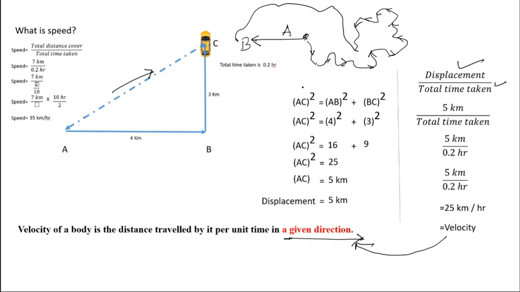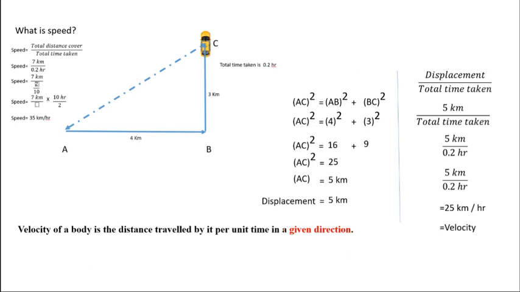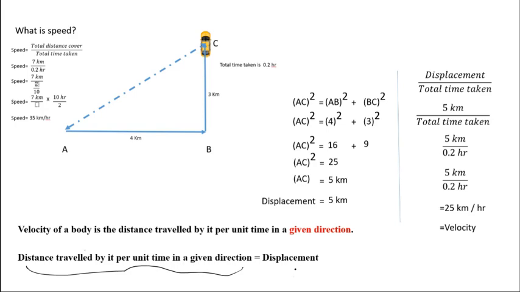Therefore the shortest distance with direction is nothing but displacement, and displacement divided by time amounts to velocity. And therefore remember, distance traveled by it per unit time in a given direction, the meaning of this is nothing but displacement.